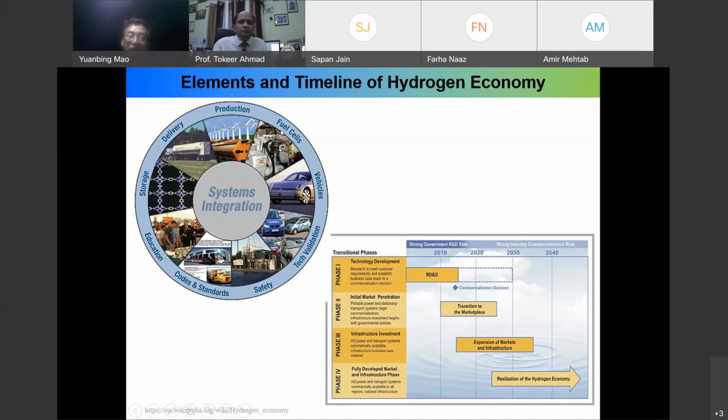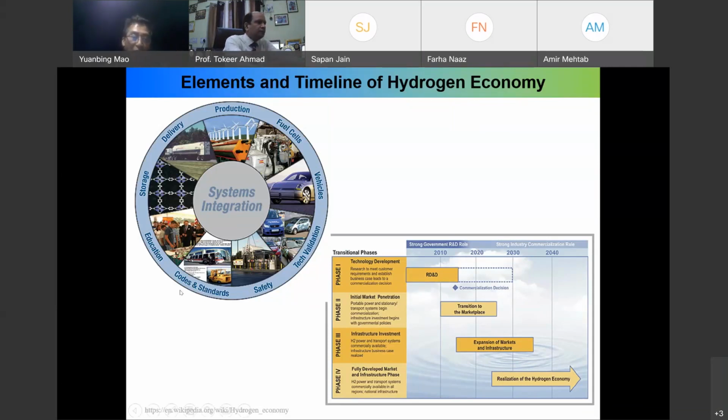We use fuel cells, put the fuel cells in vehicles, and of course there's technology validation as well. Safety is another thing, right? We all know hydrogen can be very dangerous. It's not even like gasoline, which we can smell. Hydrogen we cannot smell and cannot see, so safety is really an important thing.